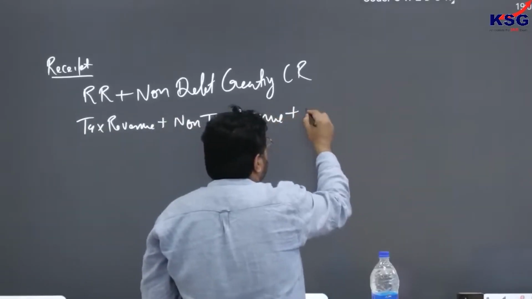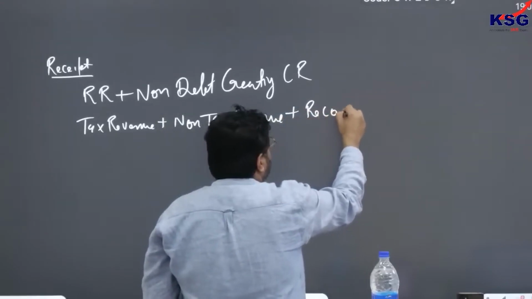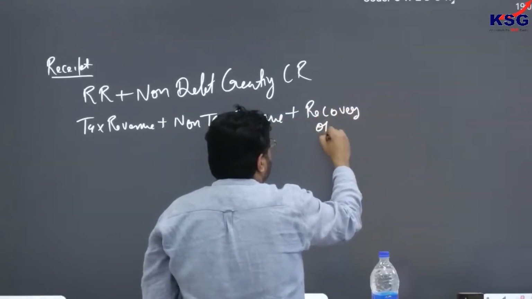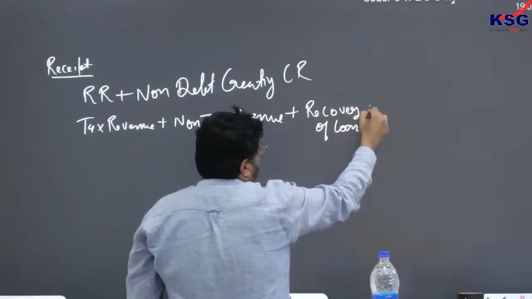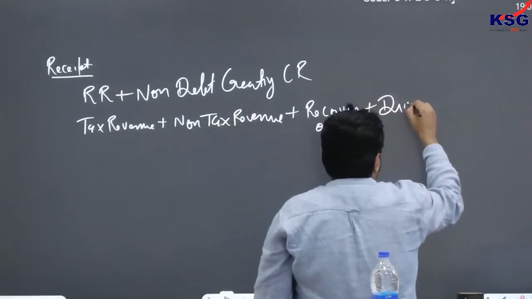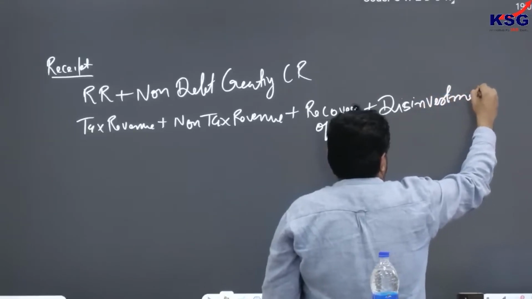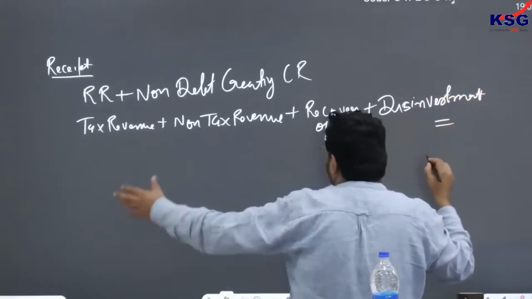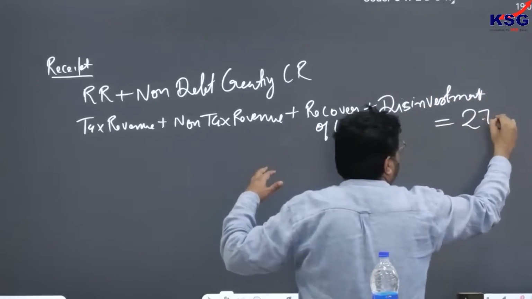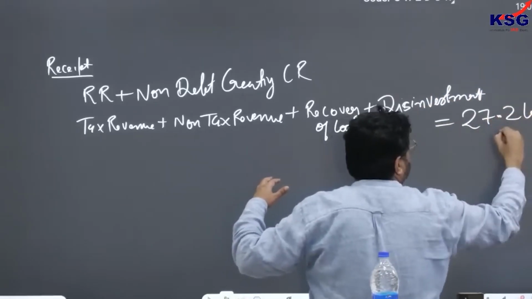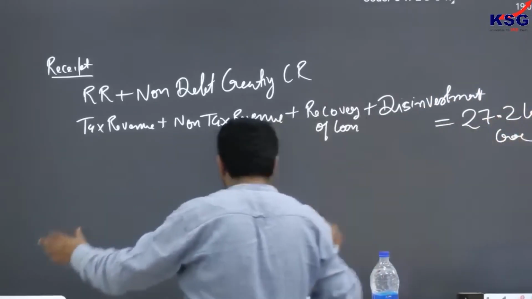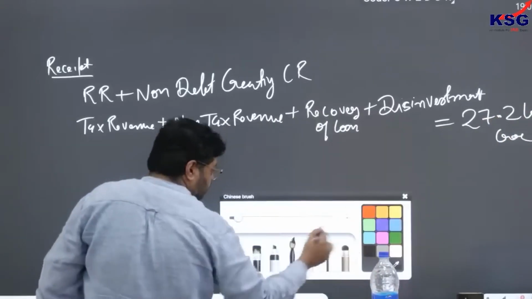This includes recovery of loan plus disinvestment. If I sum all these items, it comes out to be 27.2 lakh crores. I hope it is clear what I want to tell you.